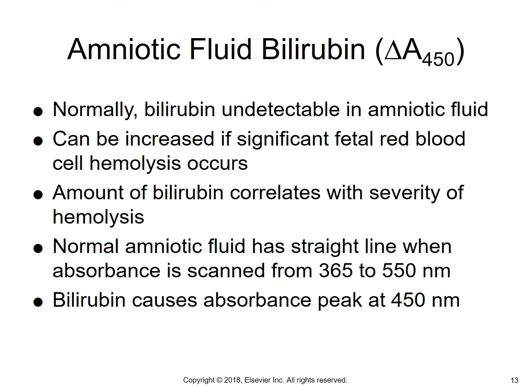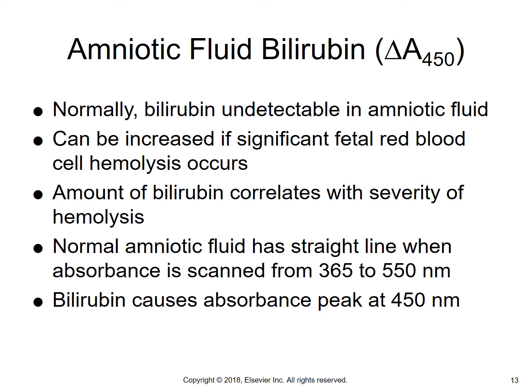The amount of bilirubin in amniotic fluid is related to the severity of the hemolysis, so you have to do serial bilirubin measurements to monitor the condition. When normal amniotic fluid is scanned using a spectrophotometer, it ranges from 350 to 580 nanometers.